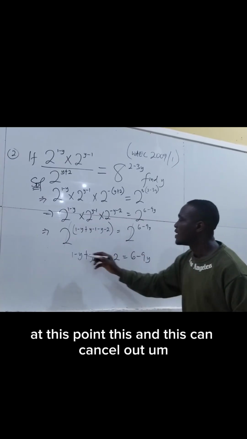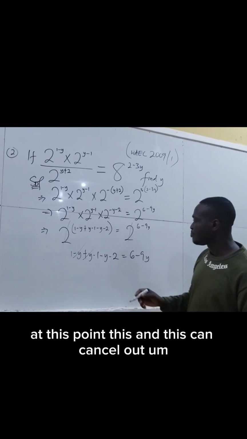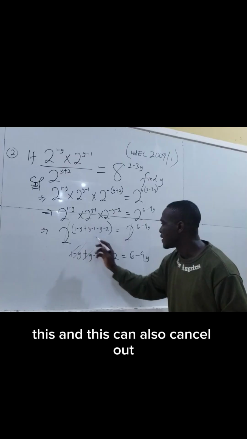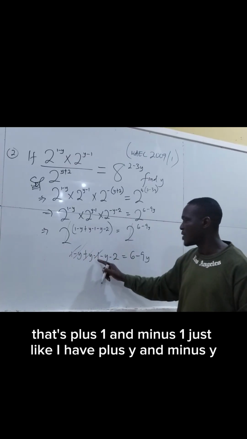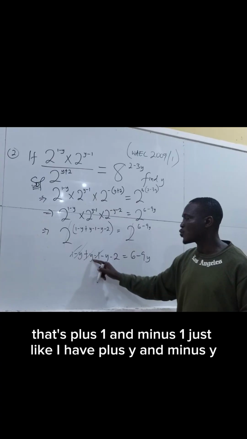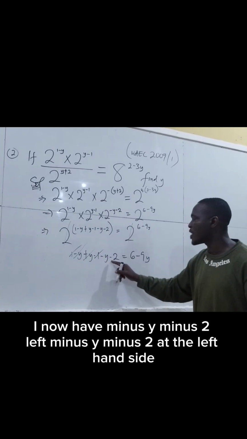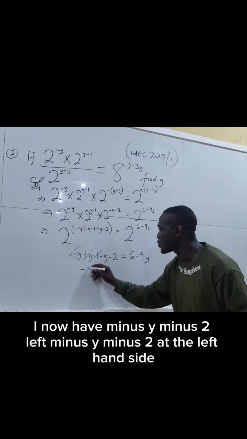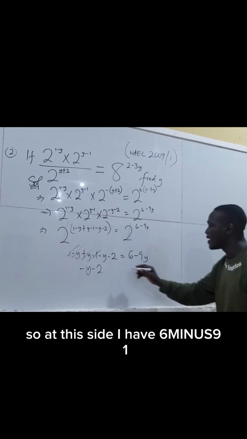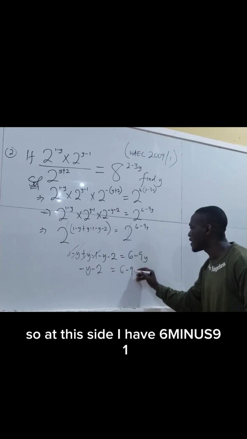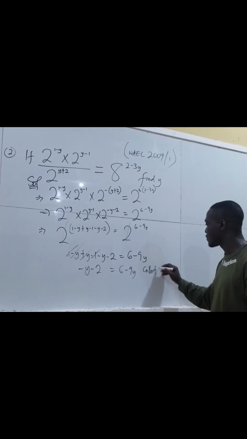At this point, this and this can cancel out. This and this can also cancel out. That's plus 1 and minus 1, just like I have plus y and minus y. They cancel out. I now have minus y minus 2 left at the left hand side. At this side, I have 6 minus 9y. At this point, I will collect my like terms.